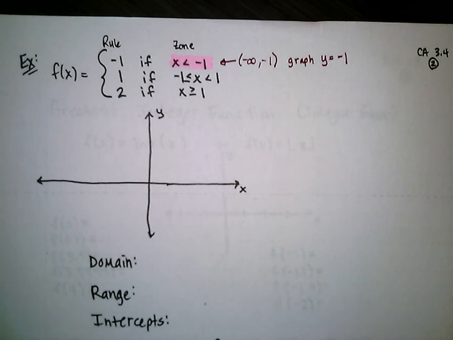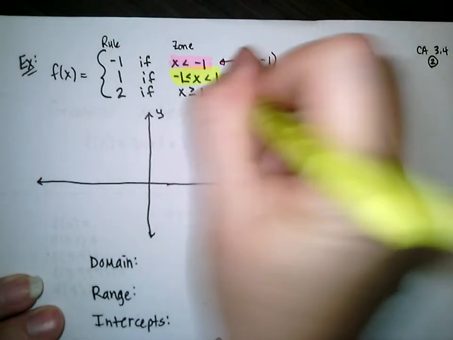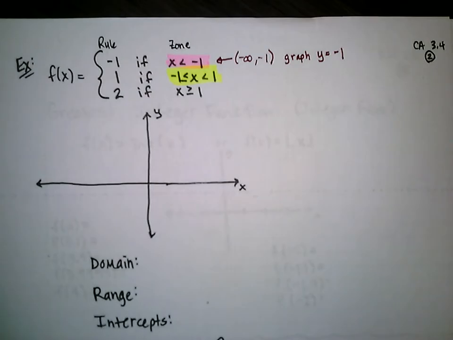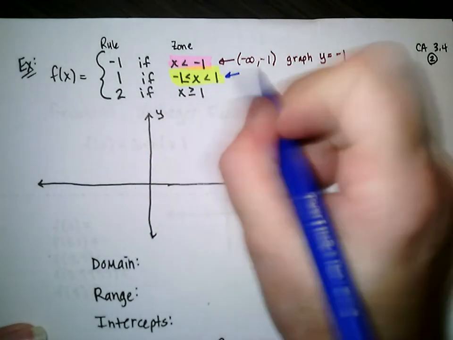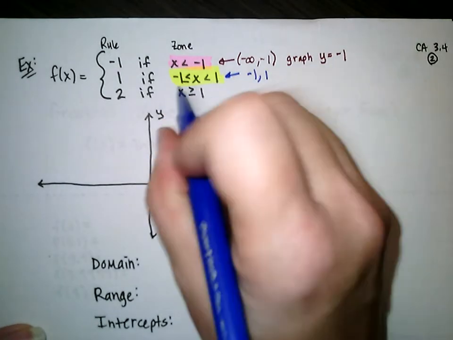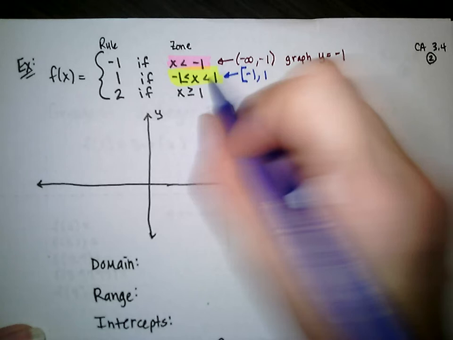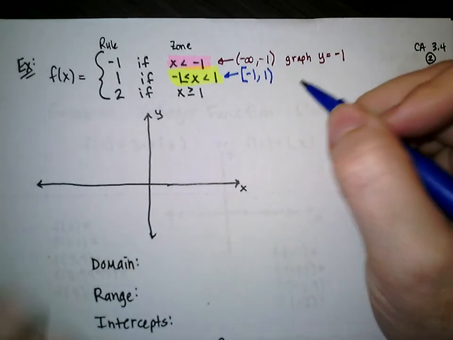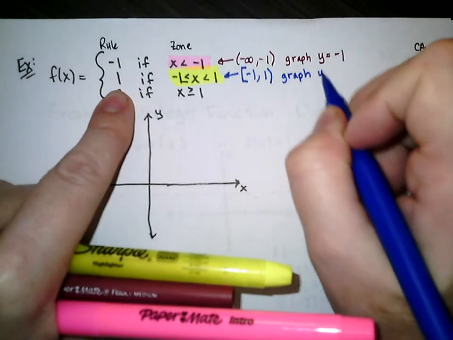Then in my next zone, that corresponds to an interval from -1 to 1. I have a closed circle or a closed bracket on the left end, but an open on the right end. And I'm graphing this rule, so graph y equals 1.